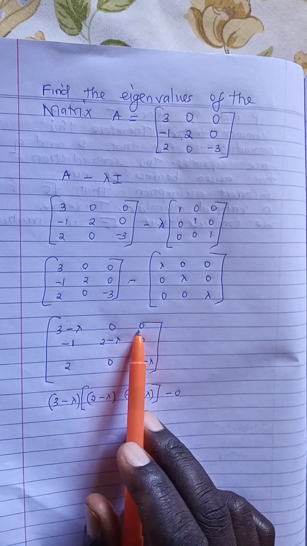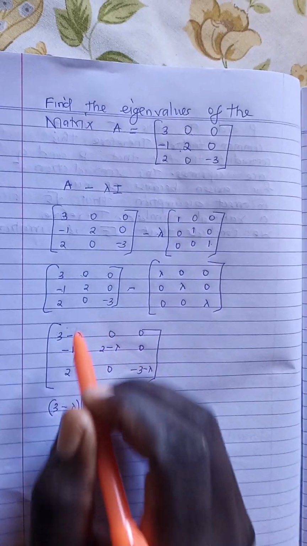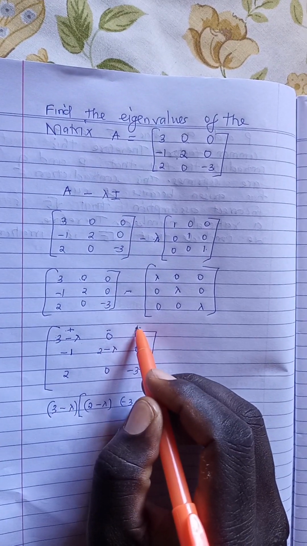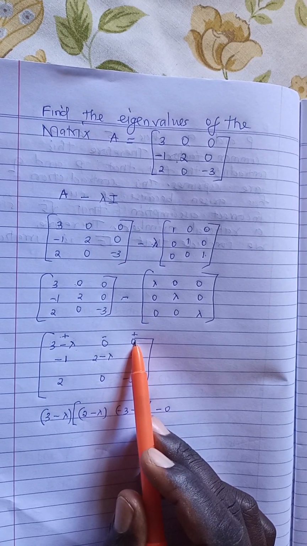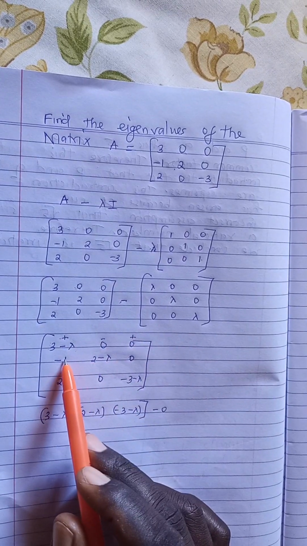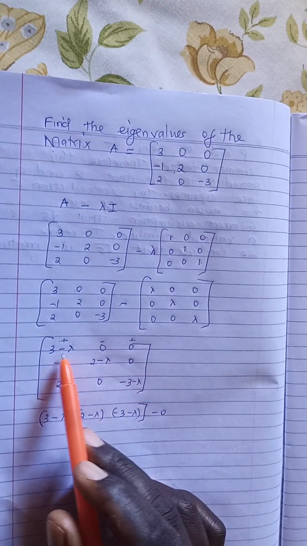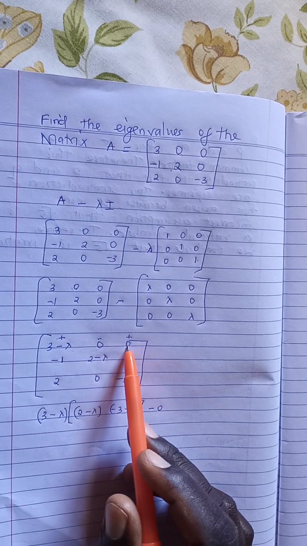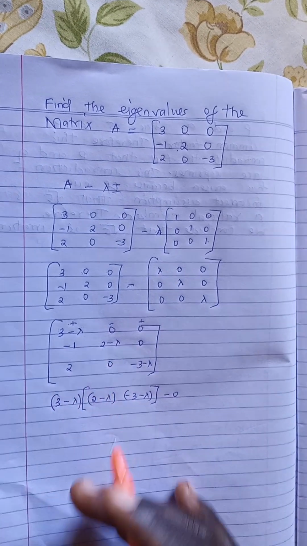Then we have now this positive. Here was positive, then negative here, then we have positive here. So I take the positive of 0 and multiply with the determinant of this 2 by 2 matrix that has remained after closing this column and this row. 0 times the determinant of the matrix will just be 0.